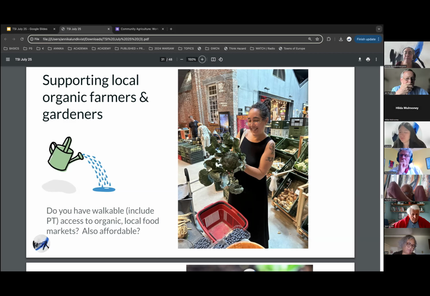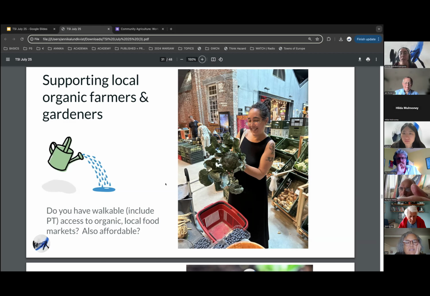So this is at a Bio Bazaar in Warsaw. Unfortunately, not walkable. I would not say I have great walkable access to farmers markets, although they exist. It's a big city. So that is something I know that activists are working on within this particular city, having more walkable access, including efficient public transportation to organic local food markets, also affordable, because as we know, I've lived in communities where there's organic farmers markets in America, for example, but they're not affordable.